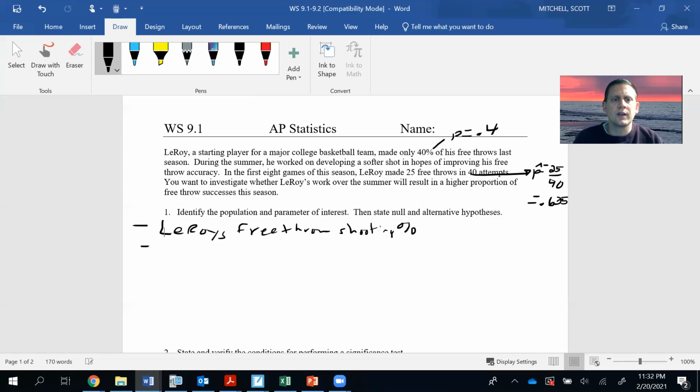That's really what we're looking at. And we're looking at P. P is equal to the proportion of free throws made. So that's identify the population and parameter of interest. This is what we're looking at.